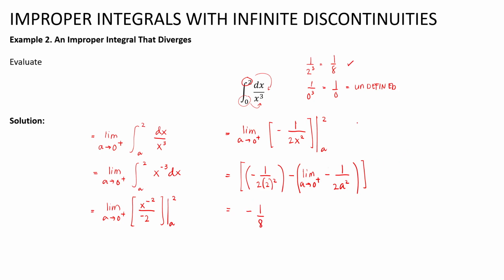Now for the second term, again you have to try some examples here. -1 over 2 times, let's say, 0.01 squared. So what will be the answer for that one? That is -5,000, right?